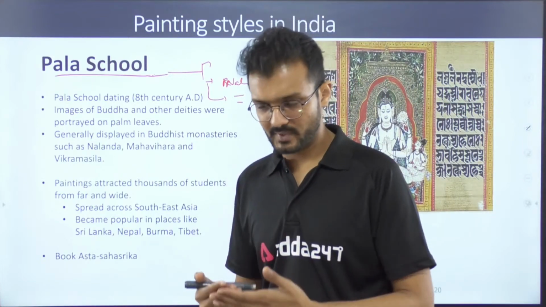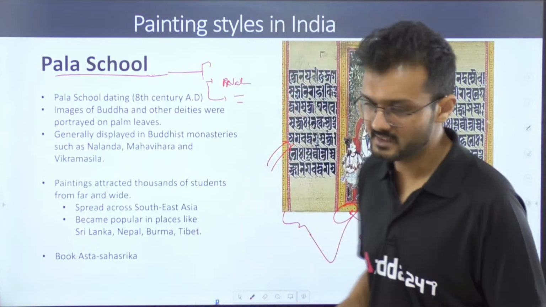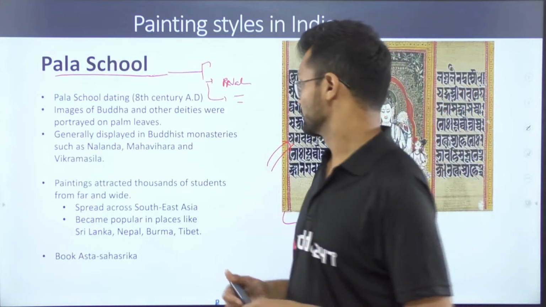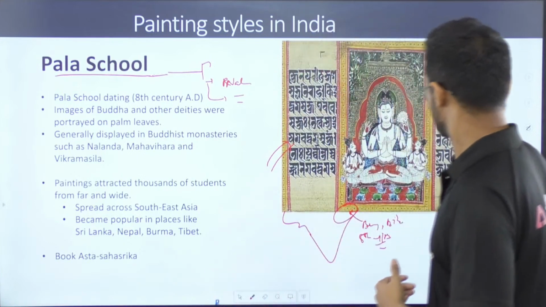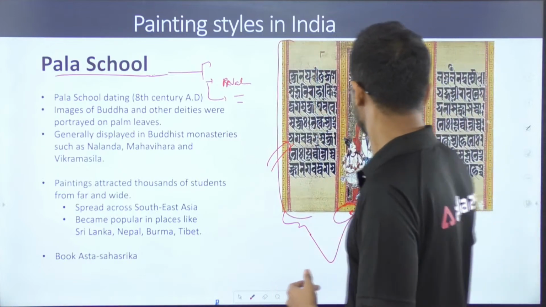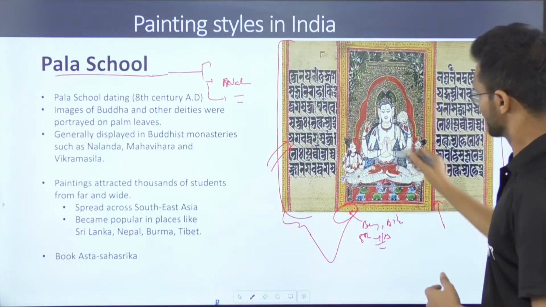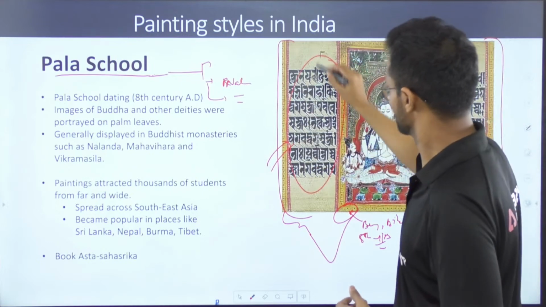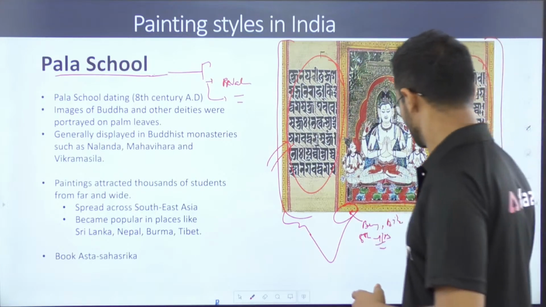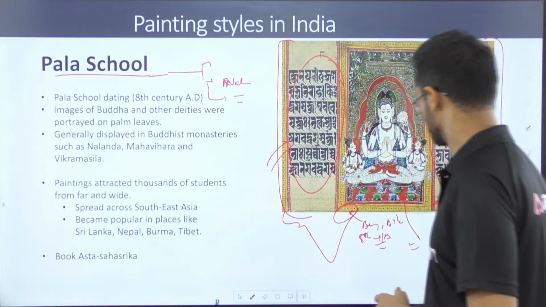They practiced Buddhism, and in these universities, Buddhist literature and the life of the Buddha were developed. In these books, different slokas were written regarding Buddhism, and in those slokas, different images of Buddhism were used.